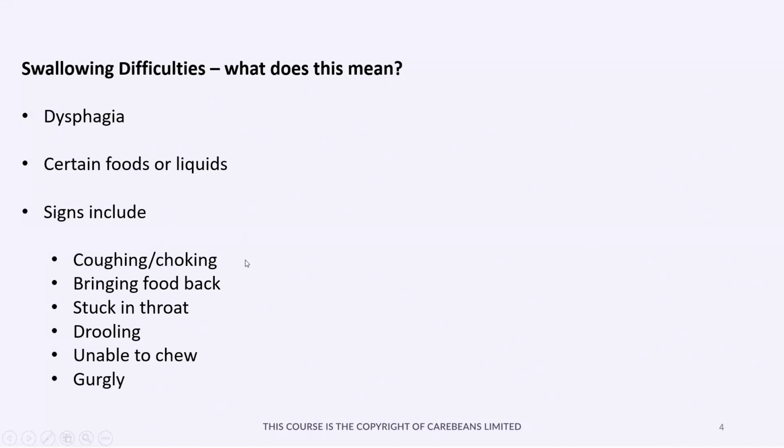So when they're eating and drinking, they might display coughing or choking. They may bring food back up when they're eating. Sometimes that could be through the nose as well as the mouth. So it's just to be mindful of these things when you're supporting someone with eating and drinking in the service that you're in. The person might get the feeling of something being stuck in their throat. So it's like a sensation that food's stuck in their throat or maybe in their chest.